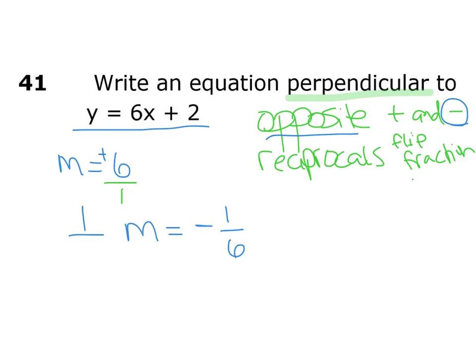Our slope is negative 1/6, and then when we write an equation, we're going to have y equals negative 1 over 6x, and then your y-intercept can be any value. If you want to keep it the same of a 2, you can. If you want to change it, it's fine too. What matters is that the slope has been changed.